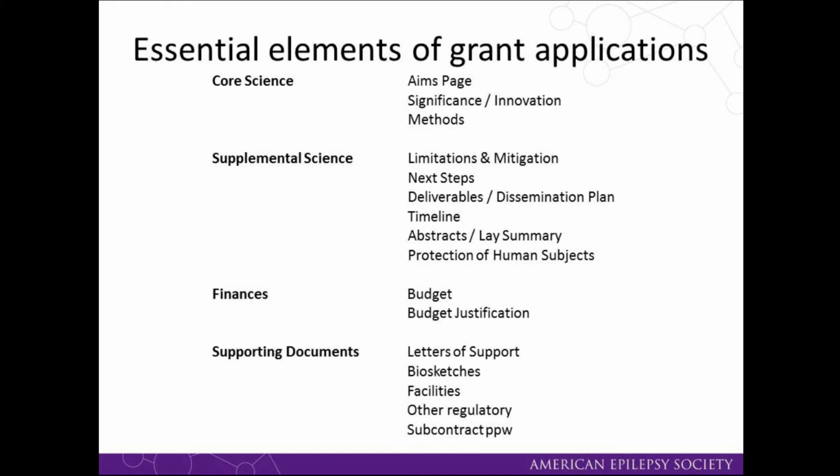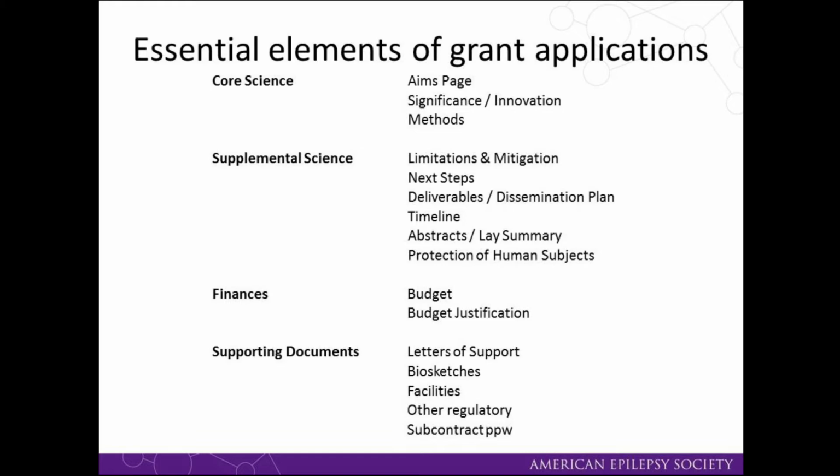A timeline is critical, so you can communicate to the reviewer that you have thought about whether you can get the work done in this time they've given you. There's often a lot of abstracts that different funders are asking for. Sometimes there's a scientific abstract, a lay abstract, et cetera.